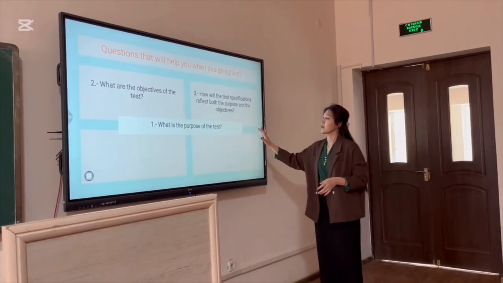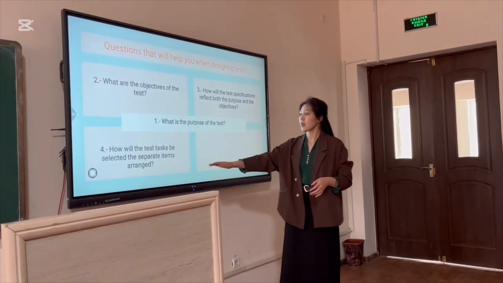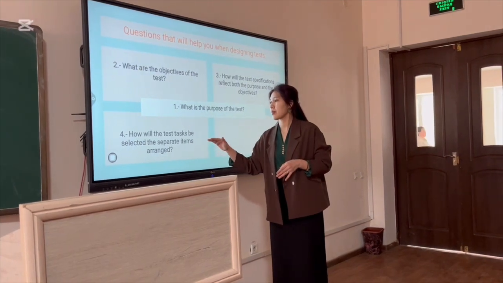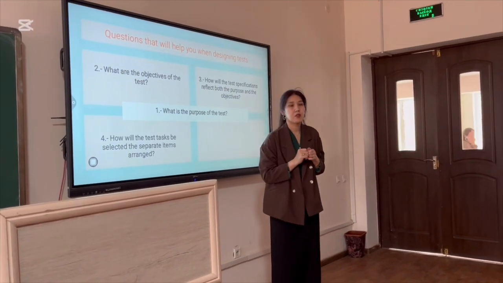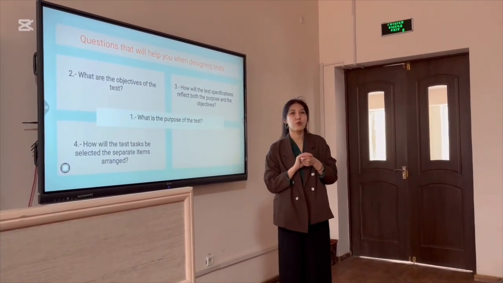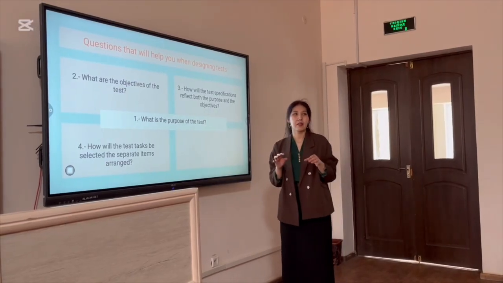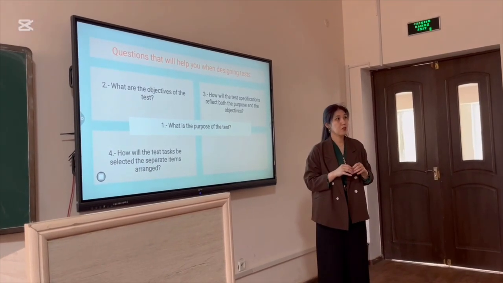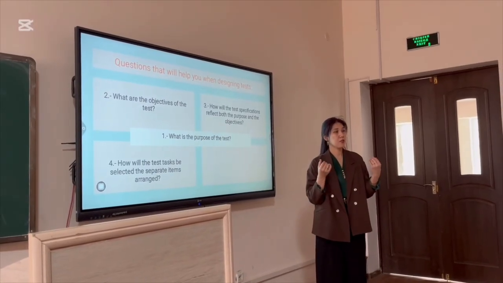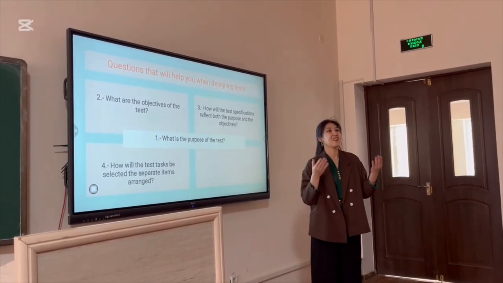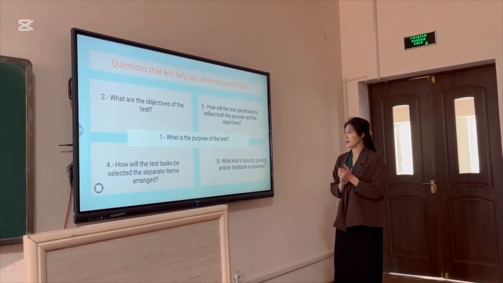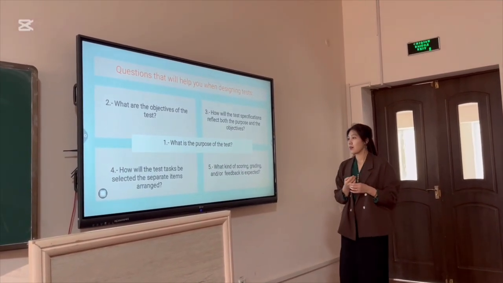Okay. Next one. How will the tasks be selected, the separate items arranged? It's about the way of designing the tests, whether it will be multiple choice or true false or open-ended question like this. And the last one? Completion. Yes. Gap filling task.